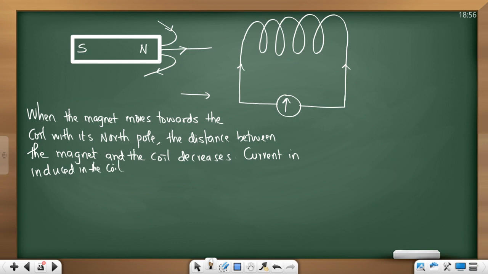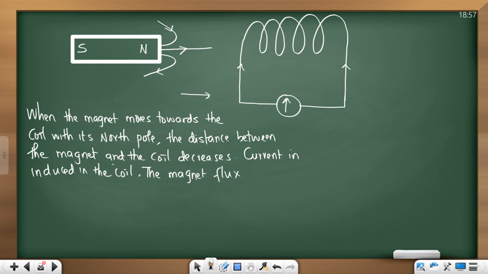All right. Apart from current being induced in the coil, one other thing that will happen is this. The magnetic flux in the solenoid increases. This is just for reference purpose.